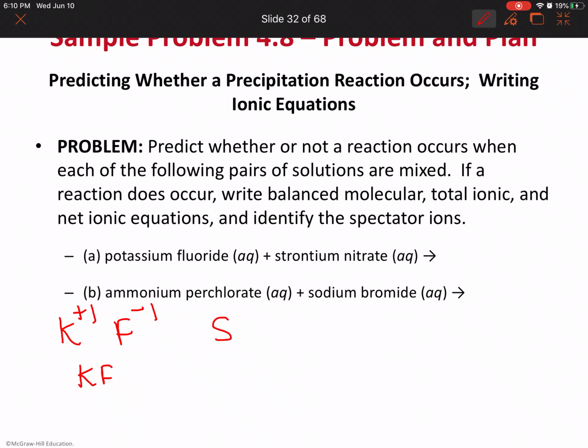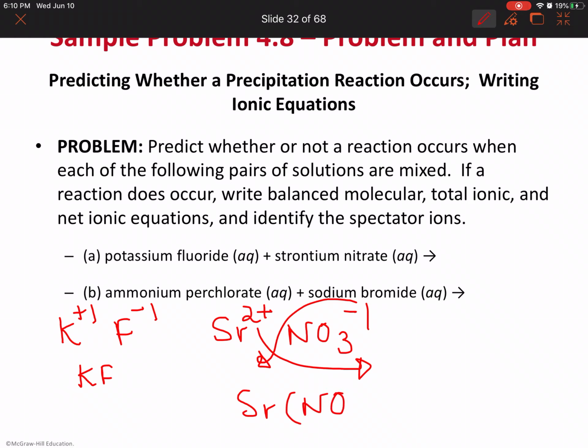So strontium is in group 2, so it will make +2 charge, and nitrate is -1. So when you crisscross the charges, the -1 goes over here, so then you will have your formula as Sr(NO3)2, strontium nitrate. Okay, so that's how you find the proper formulas.